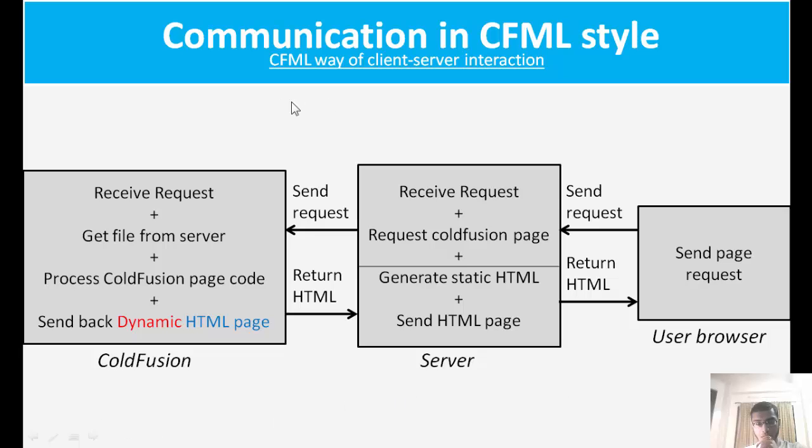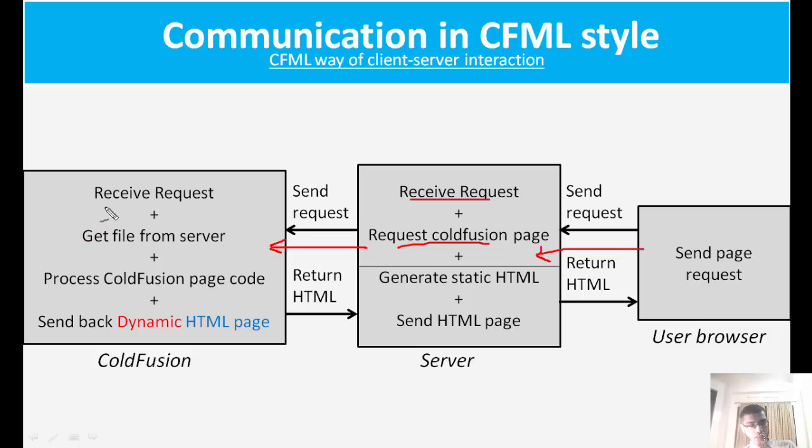In this picture we have another member called ColdFusion. The CFML way of interaction is quite similar to the HTML way of interaction, but it has its own differences. Let's look at the reference for now. For example, the user requests google.com from his own browser, and the server, acting as an intermediary, receives the request, and the request is redirected to the ColdFusion server.